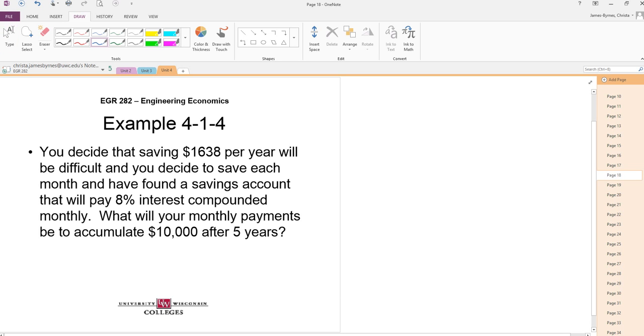You decide that saving $163.80 per year is going to be hard, and you decide to save each month and have found a savings account that will pay 8% compounded monthly. What will your monthly payments be to accumulate the $10,000? So you're pretty lucky, right, that you found this savings account. It's basically the same problem, except now N is 5 years times 12 months per year, so N is 60 months.